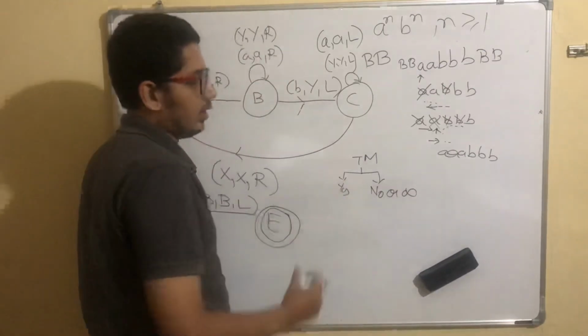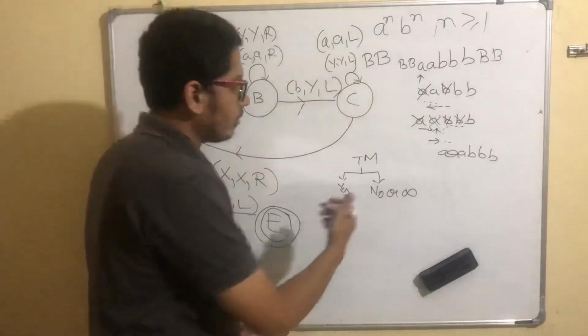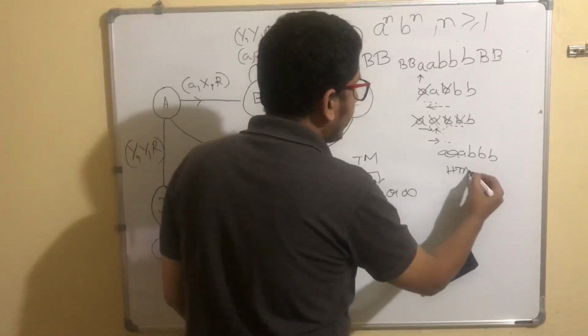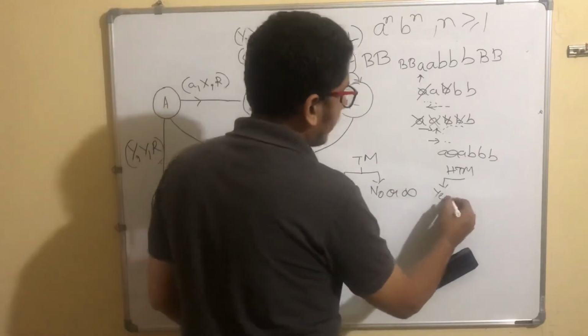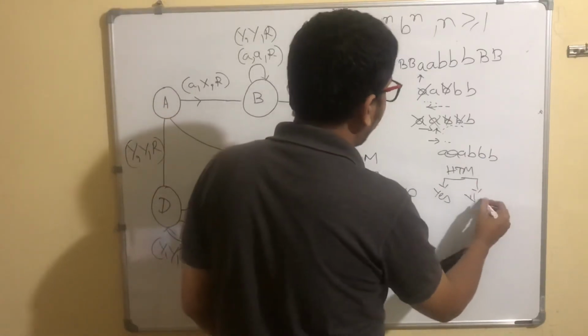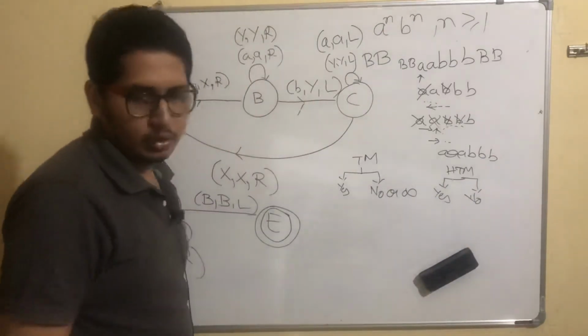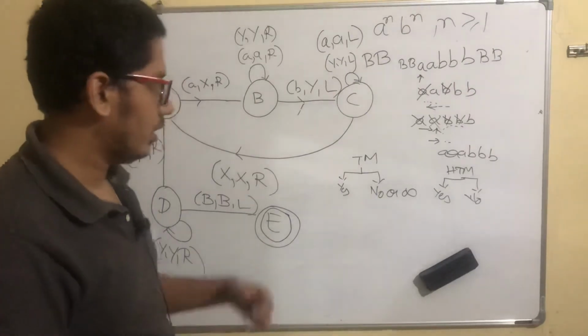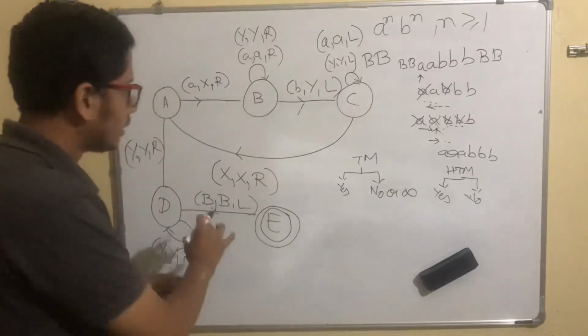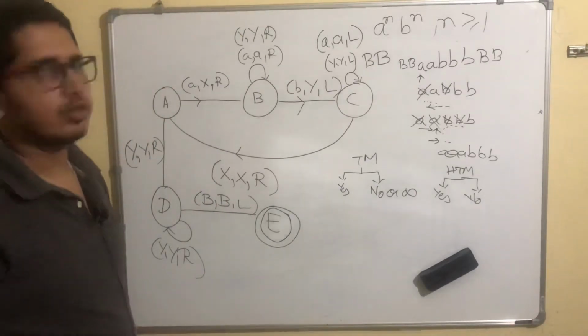This is the property of Turing machine. A halting Turing machine will be clearly able to say whether the string is present or not present. This will not fall in infinite loop. Regarding that, we'll see in the upcoming videos. But this is how it will work for dead configuration.